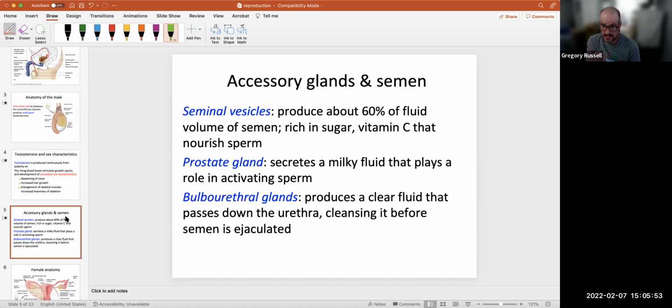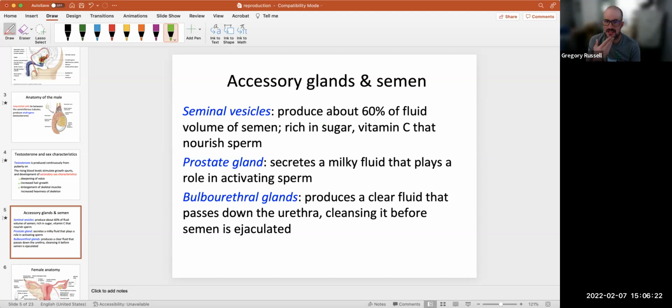As far as those accessory glands go, I've already explained this, so I'm not going to spend a lot of time on this slide. We have the seminal vesicles that are responsible for producing the majority of semen volume, about 60%. The secretions of the seminal vesicle are really rich in sugar and vitamin C. Vitamin C plays an important role in helping to buffer the sperm against the acidic environment inside of the vagina.